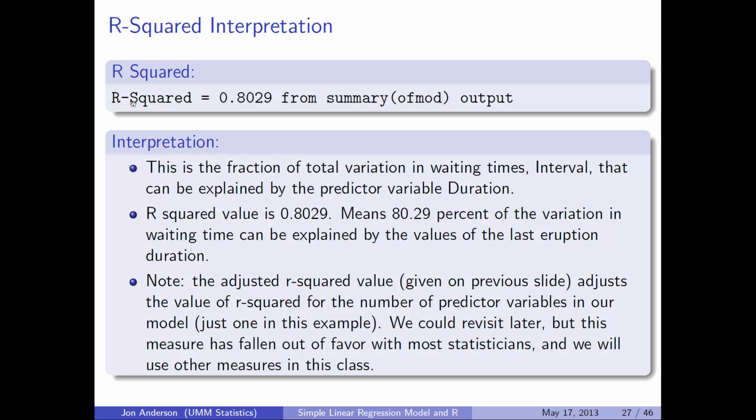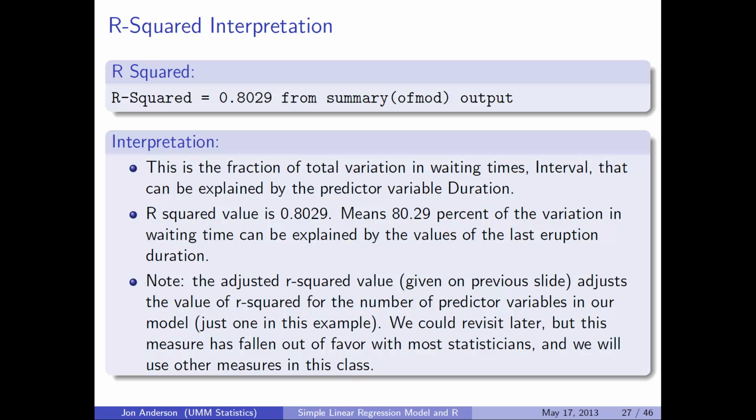On the next overhead, we'll go through the interpretation of R squared, 0.8029. What does that mean? Well, it's the percentage of variation in waiting times that can be explained by knowing how long the last eruption was. So in other words, 80.29% of the variation in waiting times can be explained by how long the last eruption was.